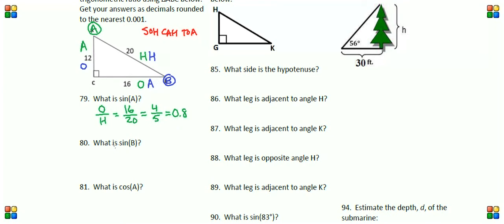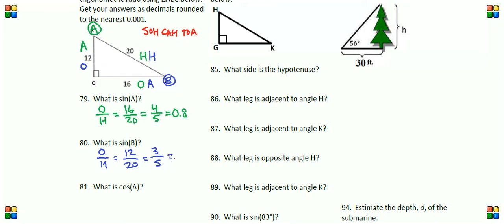So now for question number 80, what is sine of B? That's still going to be opposite over hypotenuse, but now the opposite side measure is 12, and the hypotenuse is 20. We can reduce that. Divide by 4. 12 divided by 4 is 3. 20 divided by 4 is 5.